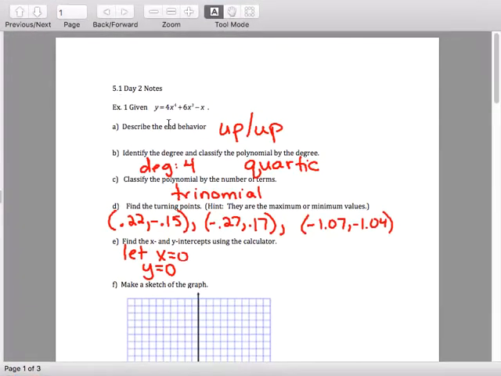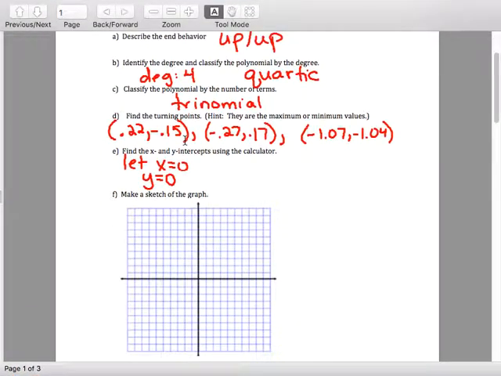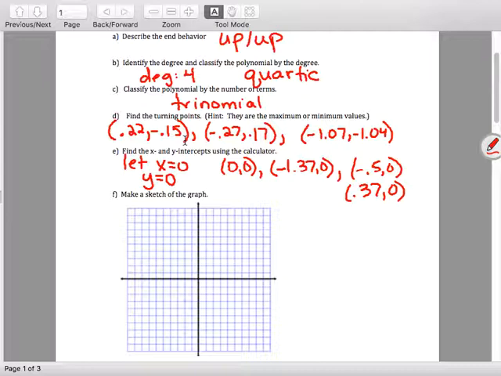And I'll put all these up here. So now my x-intercepts were 0, 0, negative 1.37, negative 0.50, and I'm going to round to 2 decimals. So now watch this.